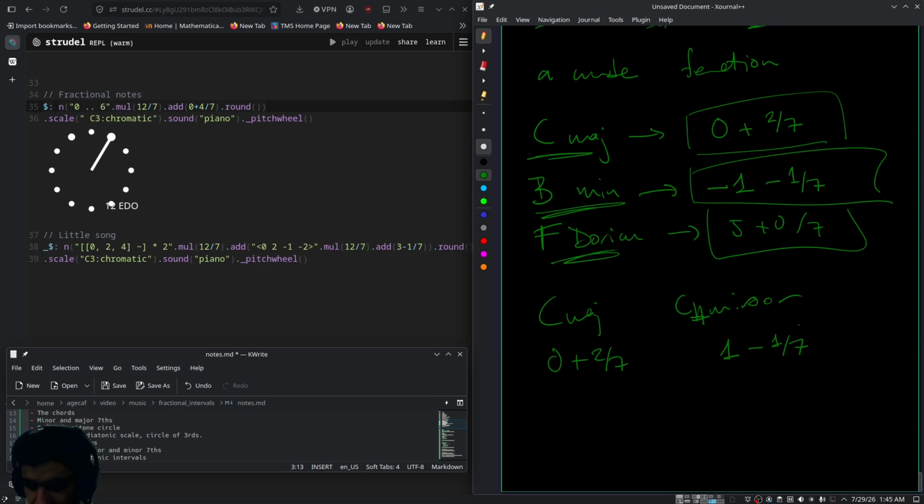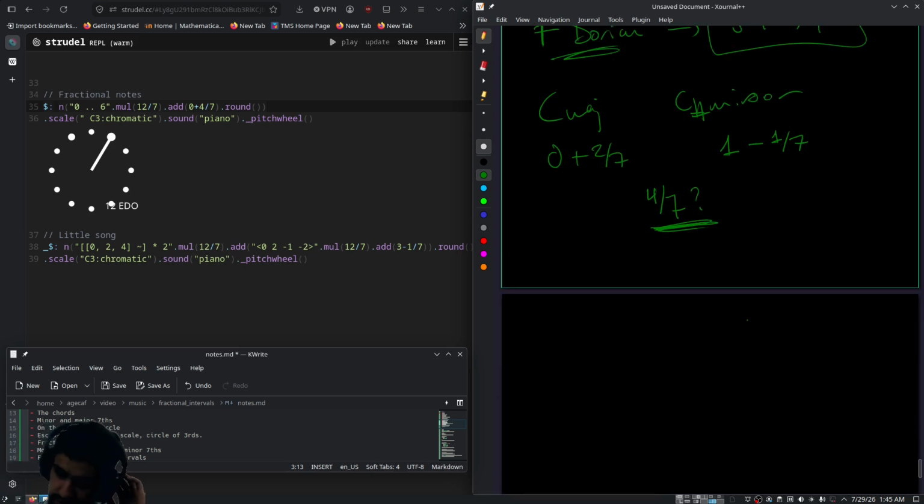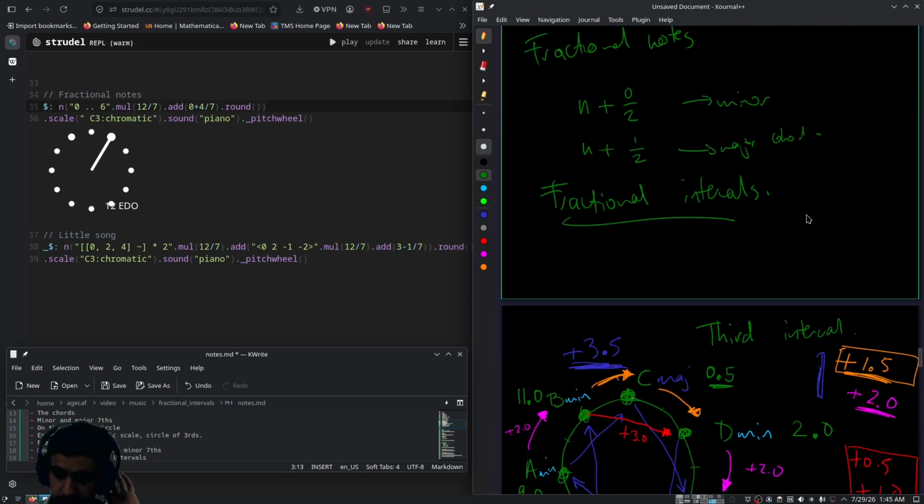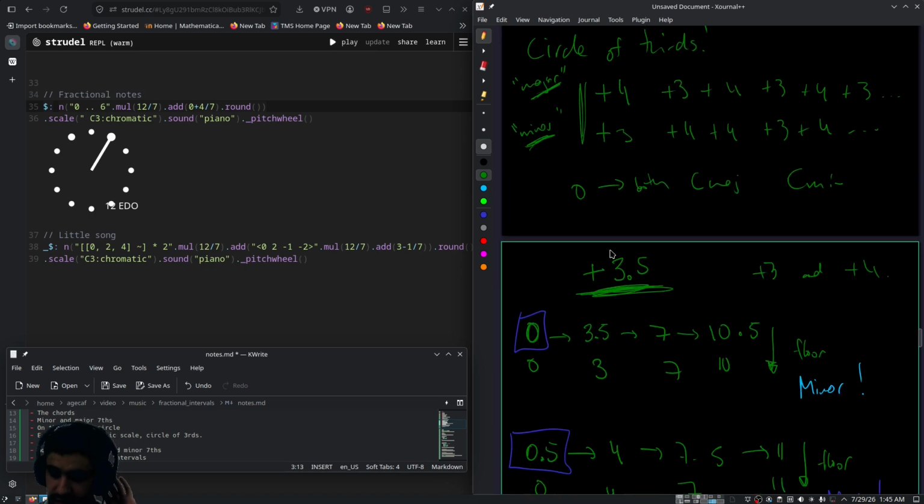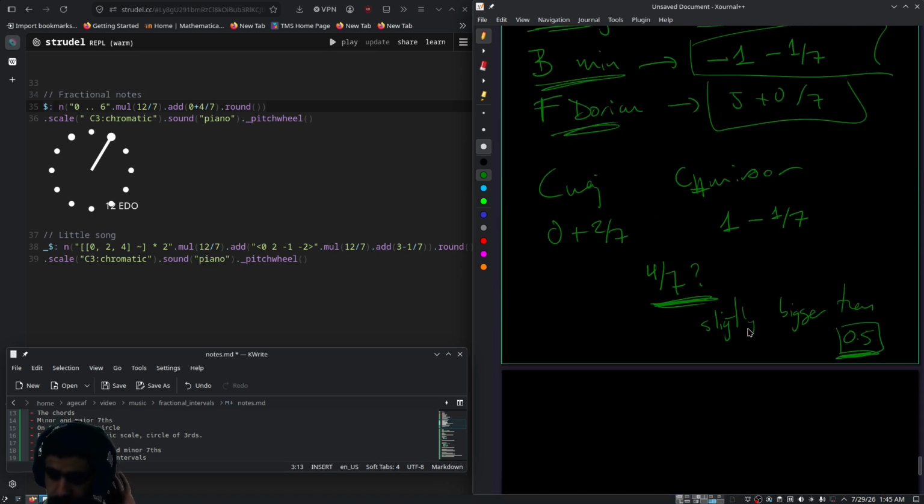And so the difference is actually 4/7. Let me just double check that. Yeah, right. And so this is slightly bigger than 0.5, which was the difference between C major and C sharp minor in our theory, just using majors and minors and 0.5s.